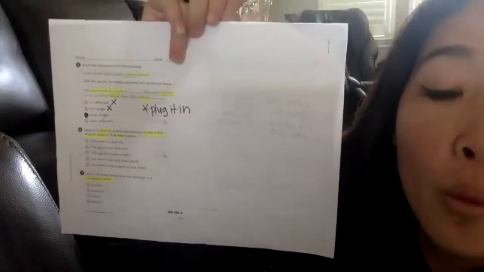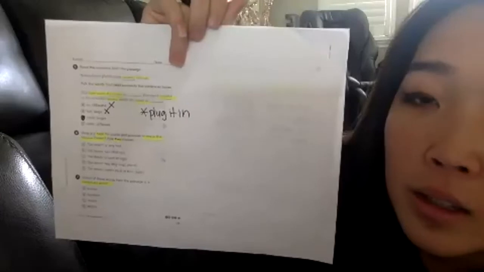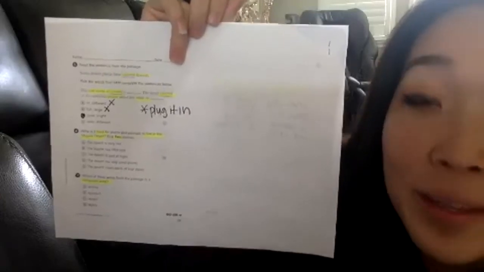C, I see Aria doing her sign language for C, and she is correct. C is correct. Even though different works in the sentence, colorful doesn't mean that something is different. It means that something might be very bright.